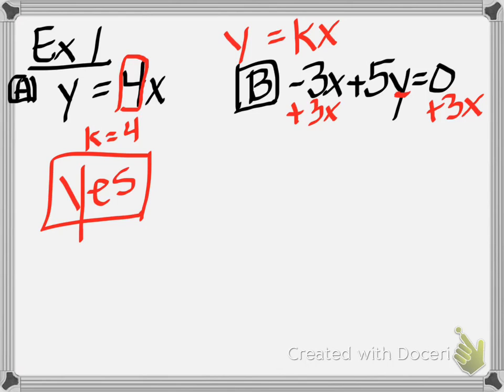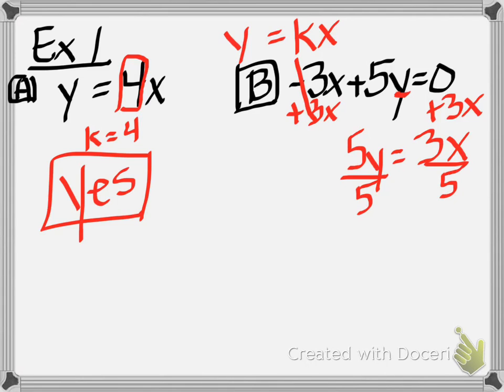Negative 3x plus 3x goes away, and I'm left with 5y equals 0 plus 3x, which is 3x. I still don't have y equals. I need to divide by 5 next. 5 divided by 5 is 1. I'm left with y equals 3x over 5.